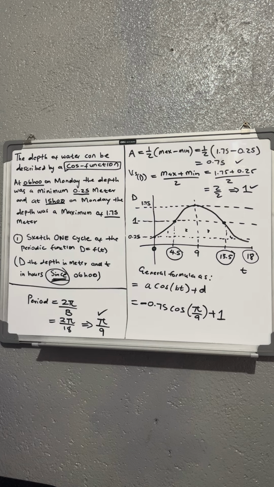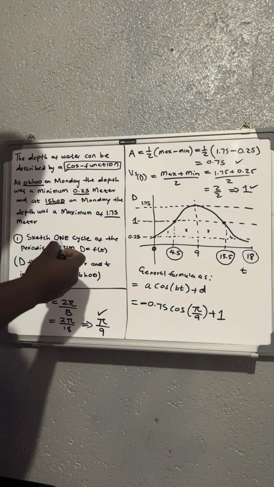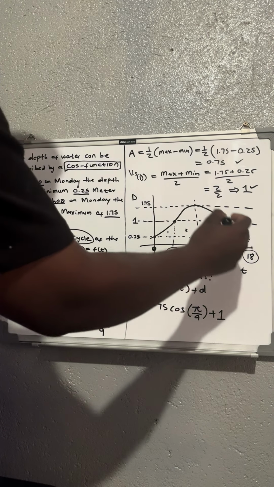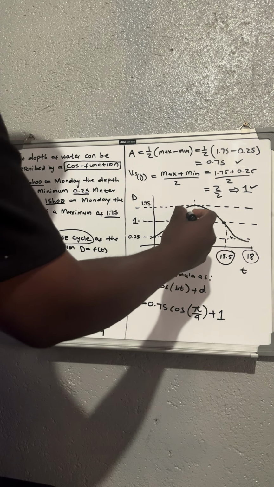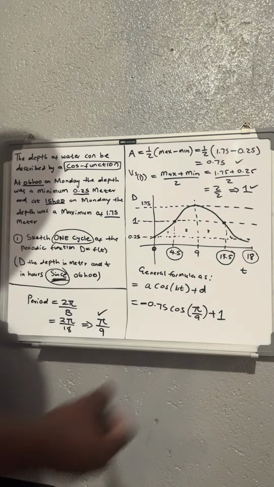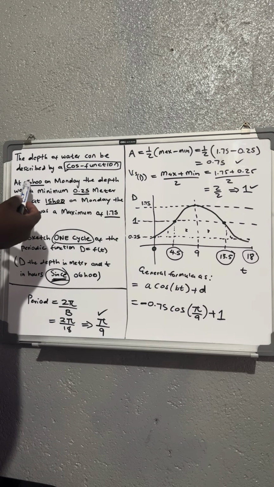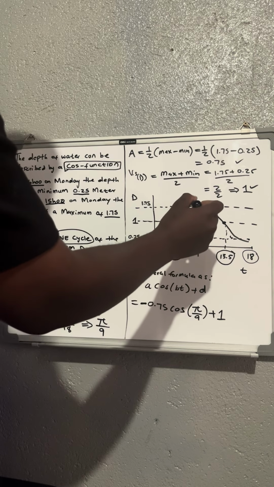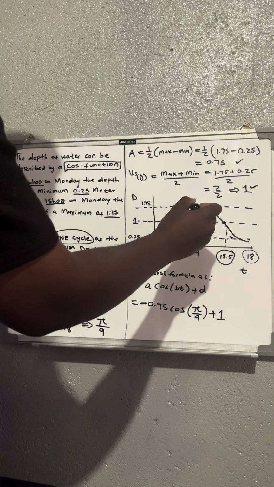Other than that, another thing was knowing that from minimum to maximum was only half a circle, and they want one full circle, which is something like this. You're starting from this line going up, then you're coming back to this line. But if it's from 9, you see that you're only starting from minimum, then going up and ending on this part.